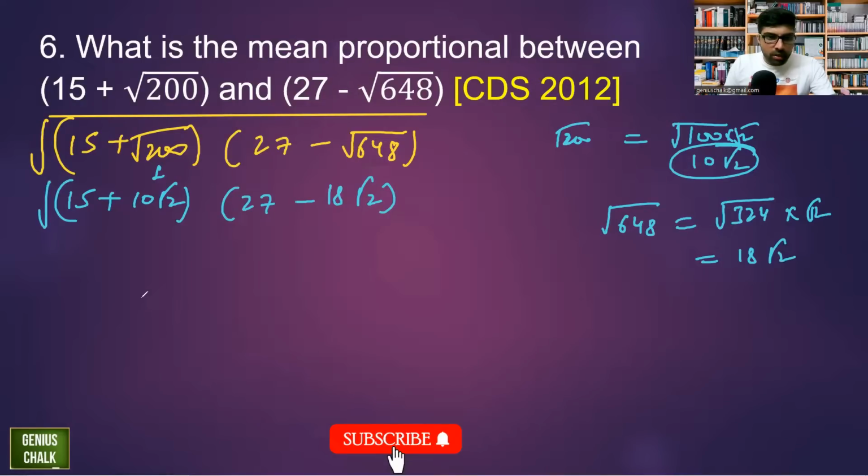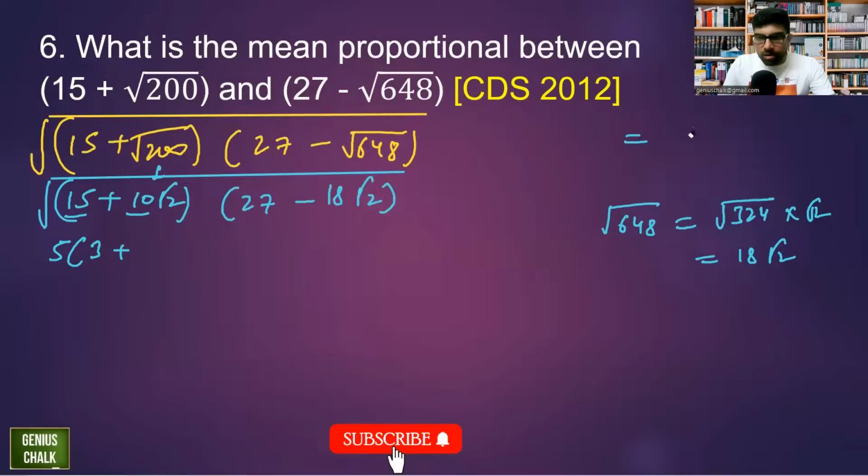Now taking this along. After this you can see 15 and 10, that means 5 is common. So I can write 5 times 3 is 15. This is root 200, that is root of 100 into root of 2, and this is 10. That's why I can write it as 10 into root 2.